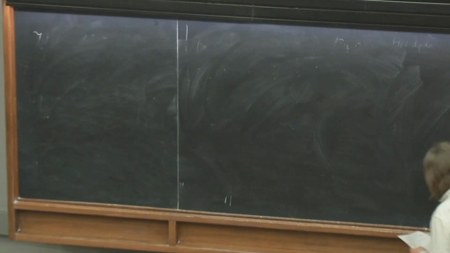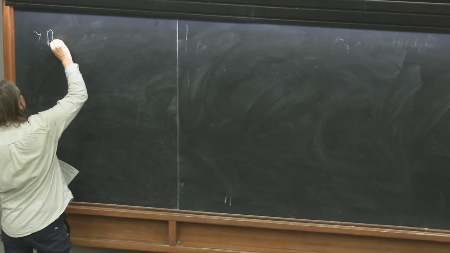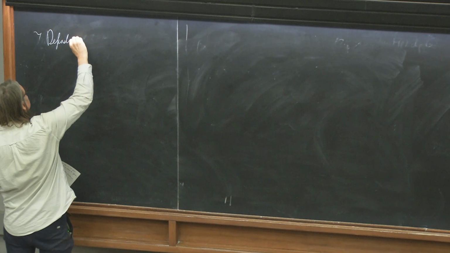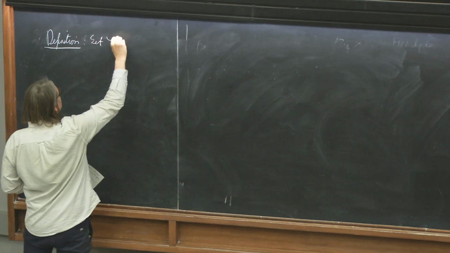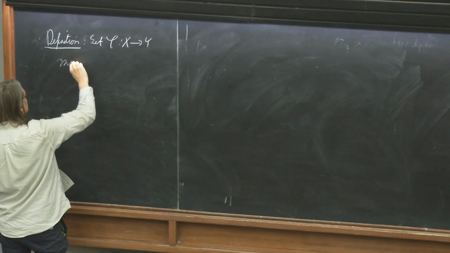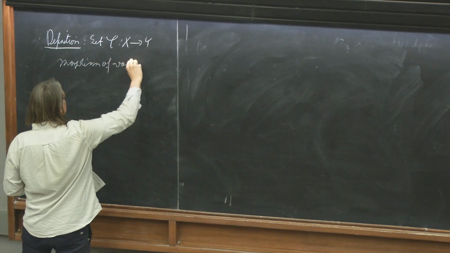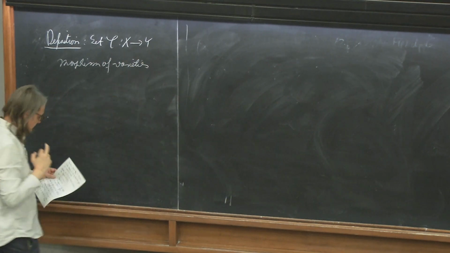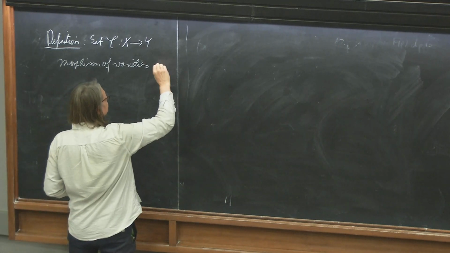So the definition: let phi from X to Y be a morphism of varieties, and P in X, obviously.